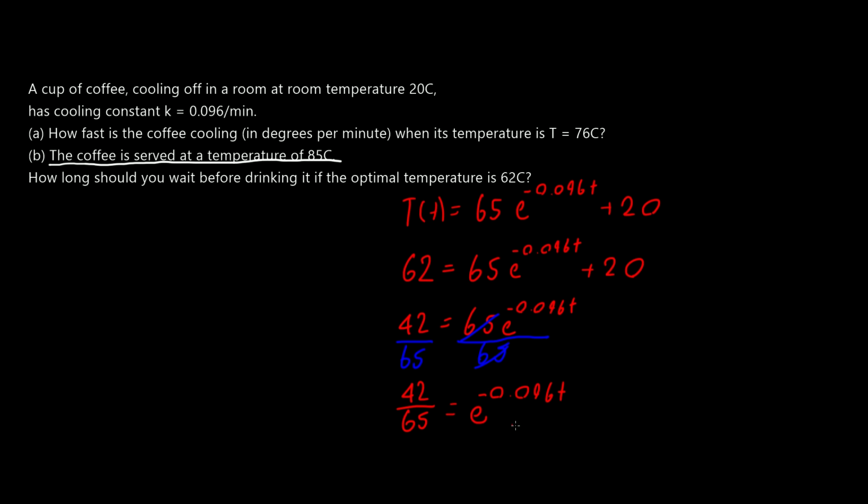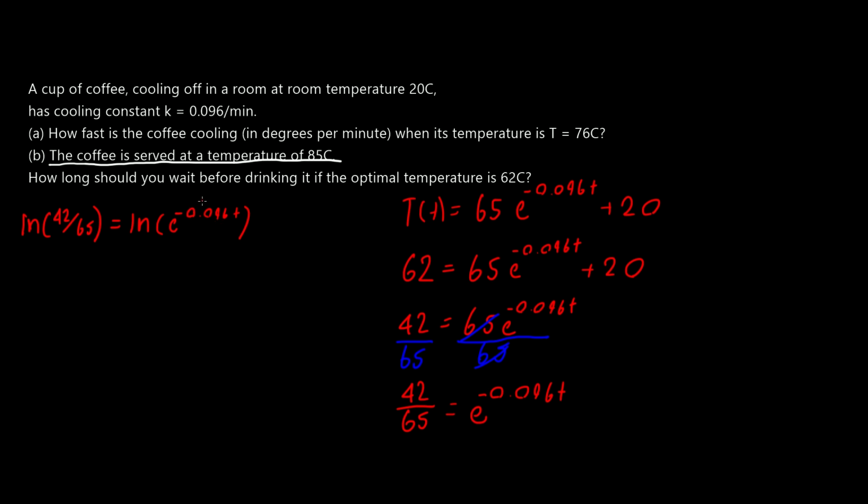And now, what do you think we should do here? We need to solve for t, and at the moment it is an exponent, so there's no way of getting to it. So what do you think we should do? So it turns out that we will have to use natural logs. So the natural log of 42 over 65 will equal the natural log of e to the power of negative 0.096t.